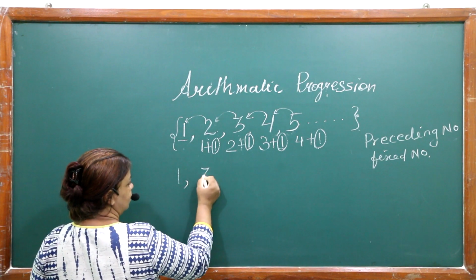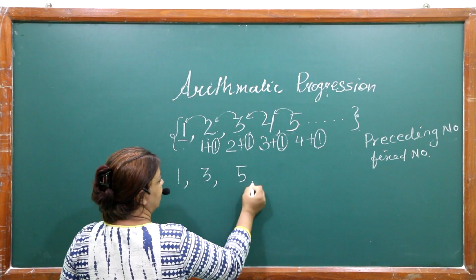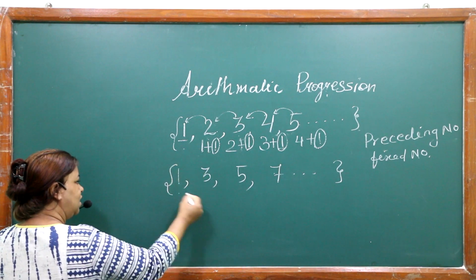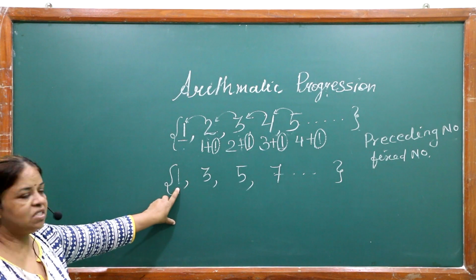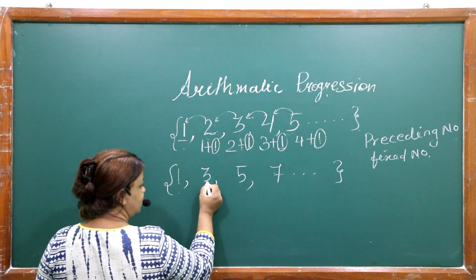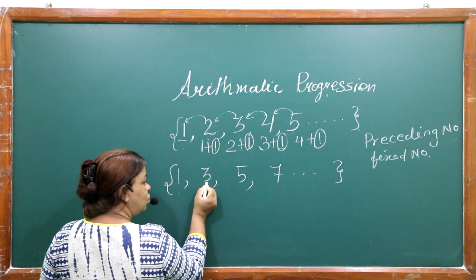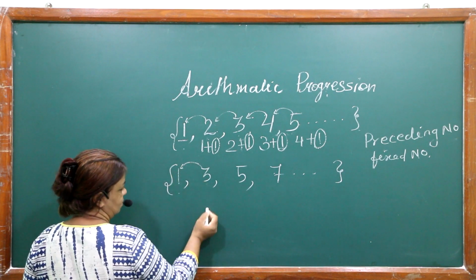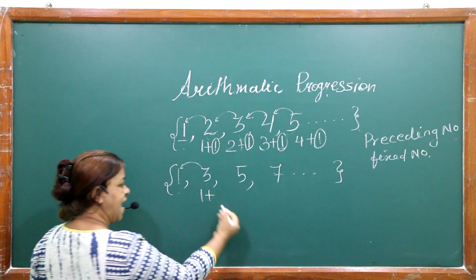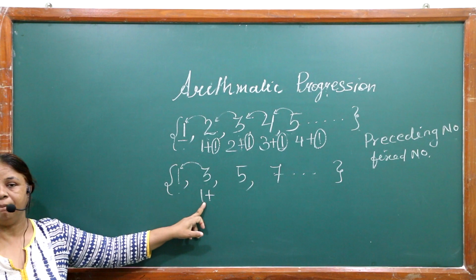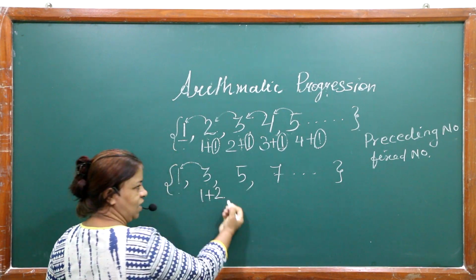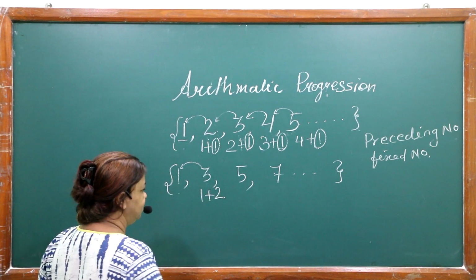One more example let me take. 1, 3, 5 and 7. Now in this case, my first term is 1 and the second term is 3. To get this 3, the preceding number is 1. I will write preceding number 1. What should I add to the preceding number so that I get 3? Obviously, yes, correct. 2, I get 3.